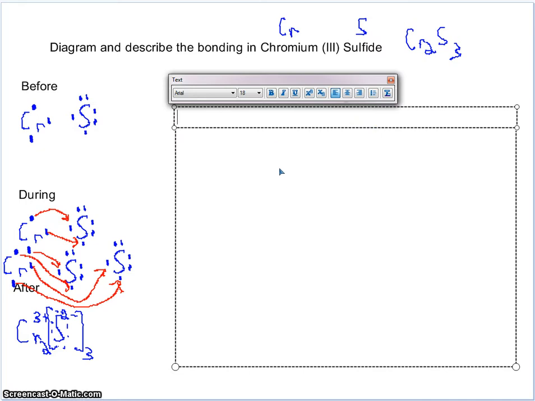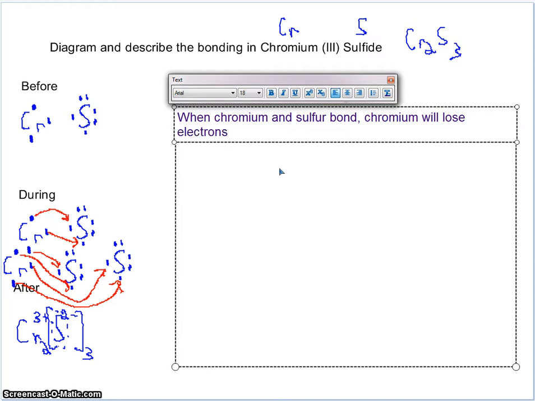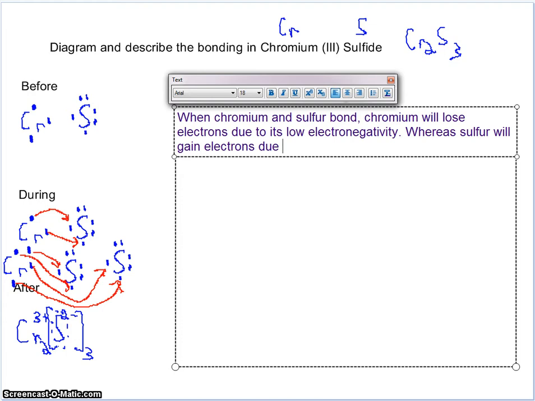So I can say when chromium and sulfur bond, chromium will lose electrons due to its low electronegativity, whereas sulfur will gain electrons due to its high electronegativity.